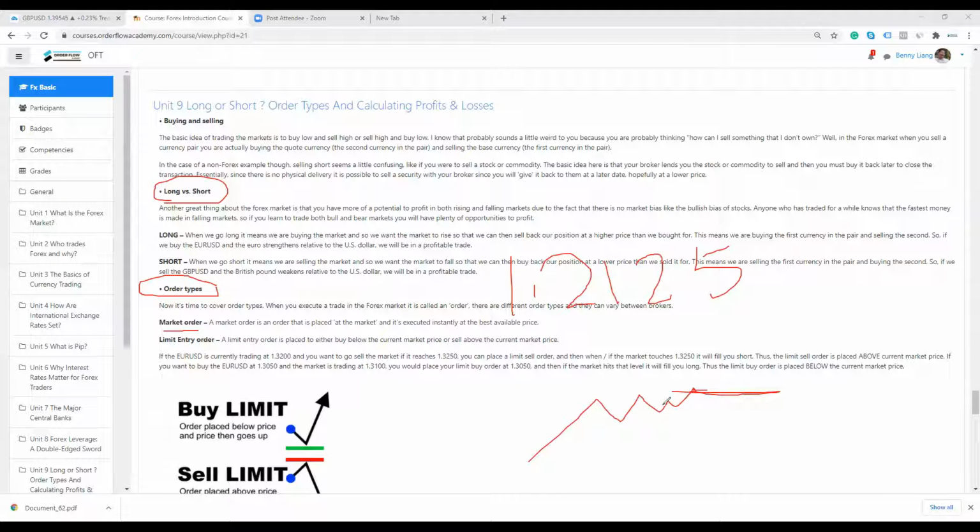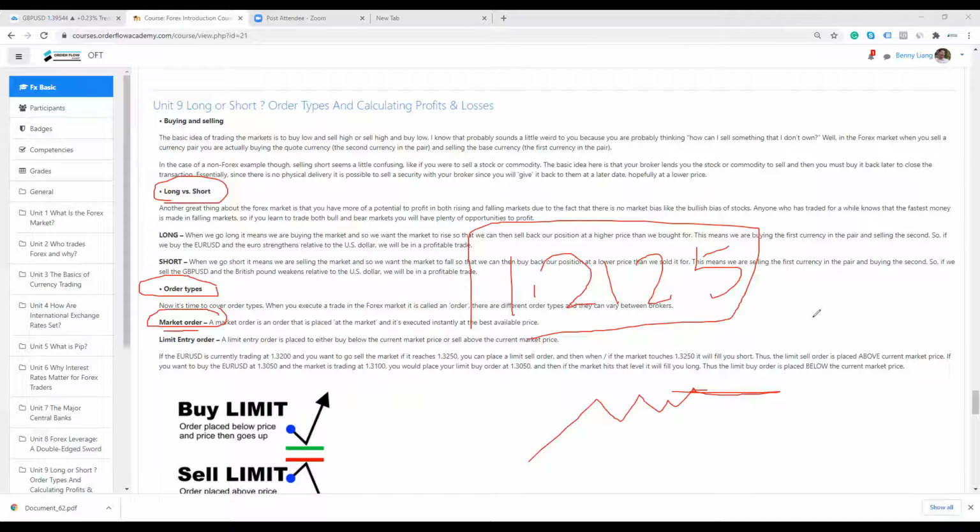So you go to your broker platform, and you key in buy at market. When you buy at market, you might see the price on your screen is 1.2125.